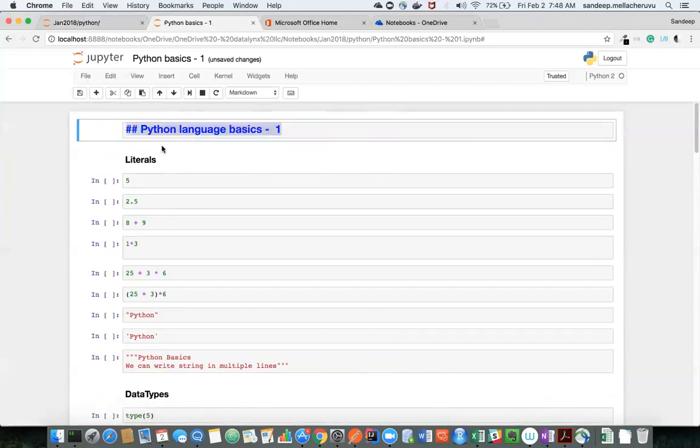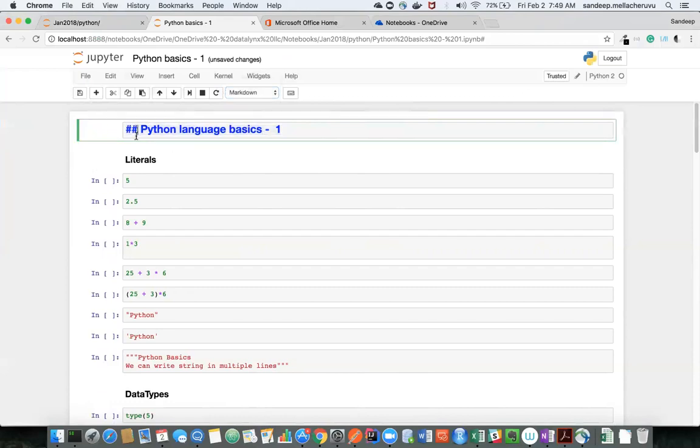To do these kinds of things, in the drop down above, there are two important things that you will use majorly. One is code, another is markdown. When I say a cell is markdown, it means that cell is not usable for coding. The code will not get executed. Whatever is there in the cell is displayed.